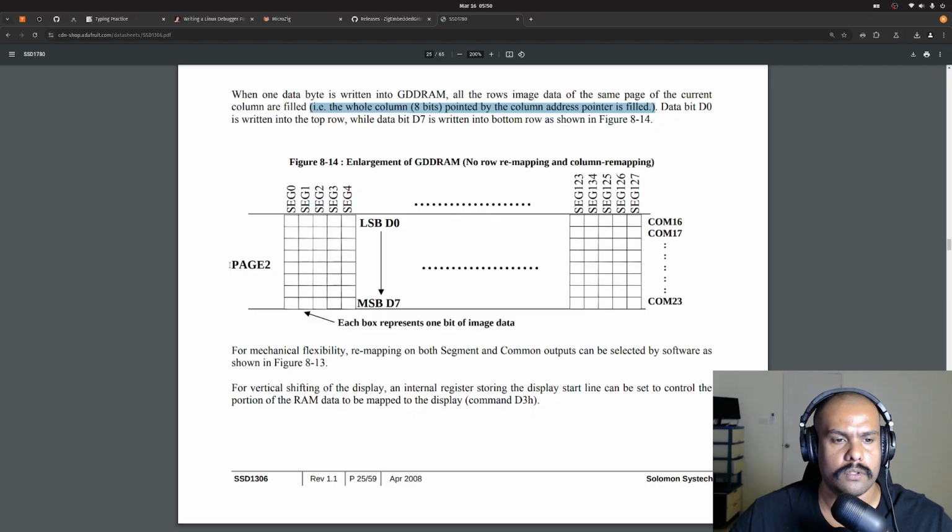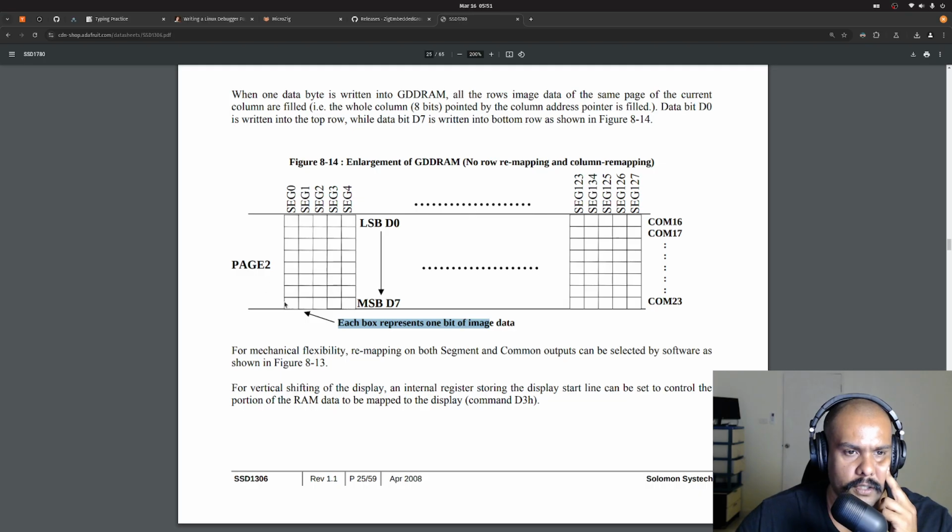Where's page 1? Each box represents 1 bit of image data, all the way to 127.